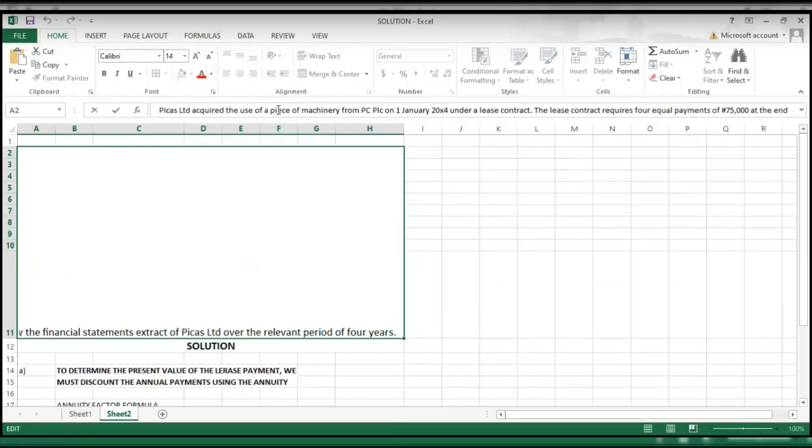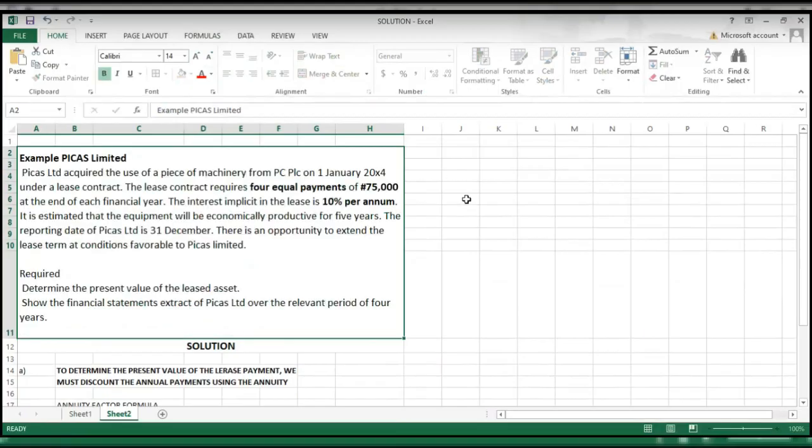You can see it's 10%. Let me try to highlight it too. They gave us that to be 10% per annum. That is interest rate implicit in the lease. You can see it here, 10% per annum.